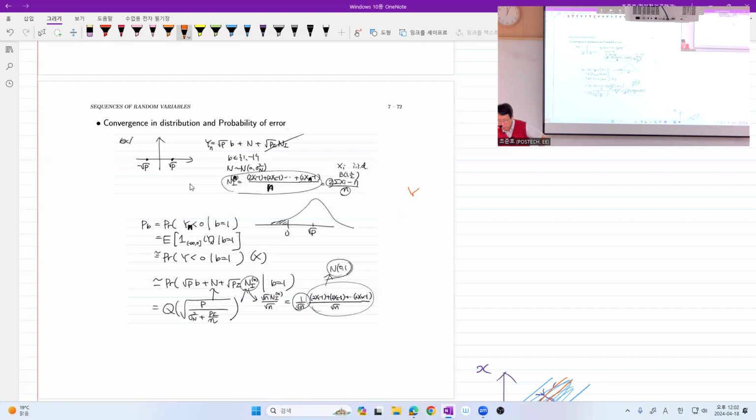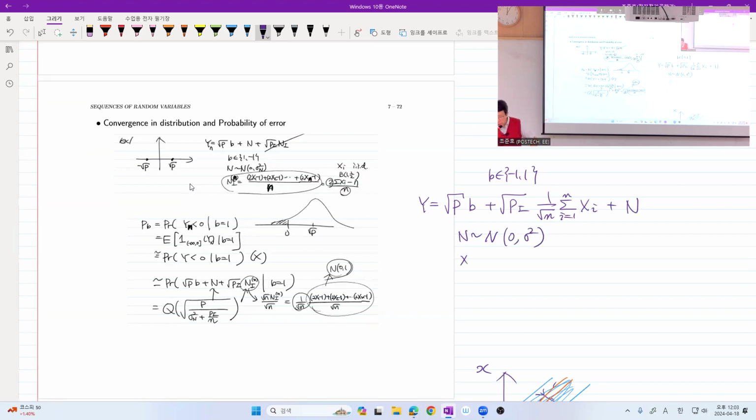Consider this problem. Suppose you have an observation y that is square root P times b, where b is either 1 or -1, plus the sum of square root P sub I times X sub I, where you have n terms, plus noise n, which is Gaussian with variance sigma square.